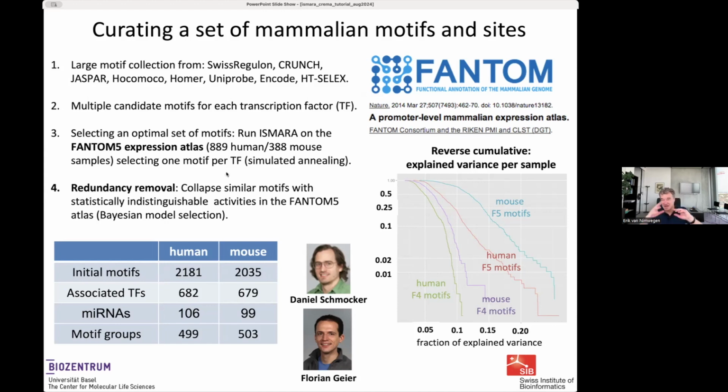We started with about 2,000 motifs from these various resources, predicted binding sites for all of them, and then used a very large collection of RNA-seq gene expression data to select, for each human and mouse transcription factor, the regulatory motif that gives the best results in predicting the gene expression data. The number of transcription factors in human and mouse for which a motif is known is close to 700. And for each of these 700 transcription factors, we collected the best motif.